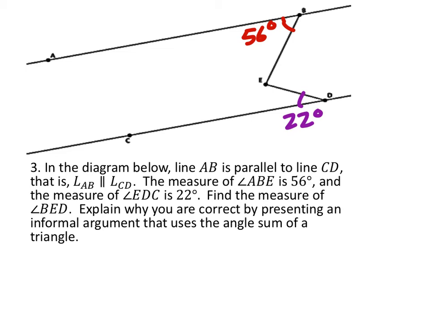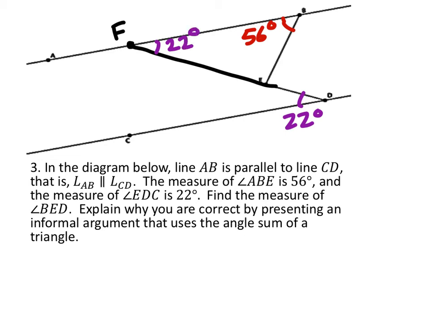Alright, to do this one, we'll do it the same way that we did those other ones actually. I'm going to extend this line and call this intersection F. Alright, so if that's the case, this angle is congruent to the purple angle because it's alternate interior.